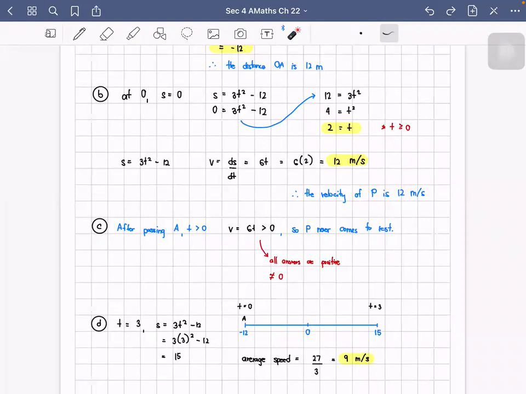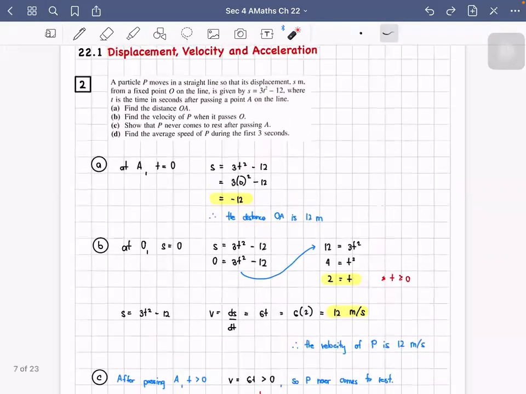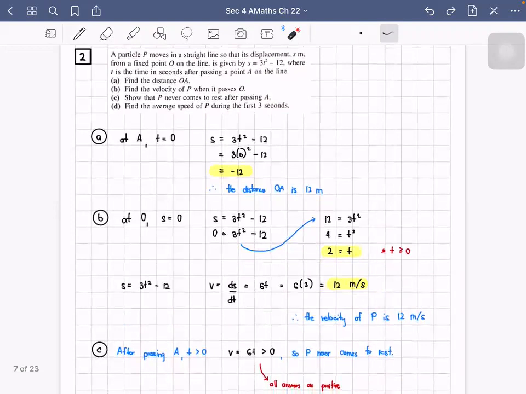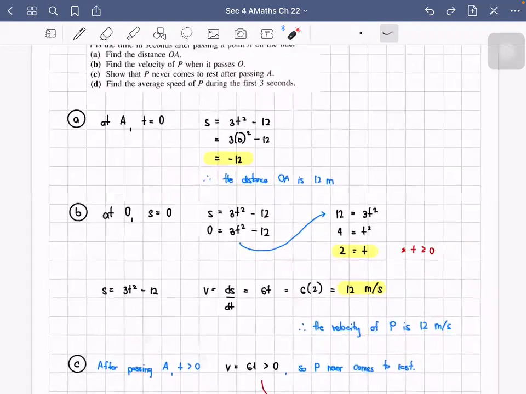And then for the last question here, letter D, let's find the average speed of P during the first 3 seconds. So what does it mean? Average speed. Do you still remember your average speed?